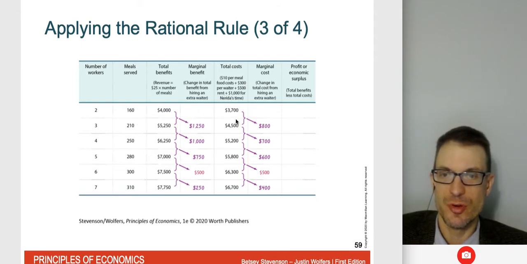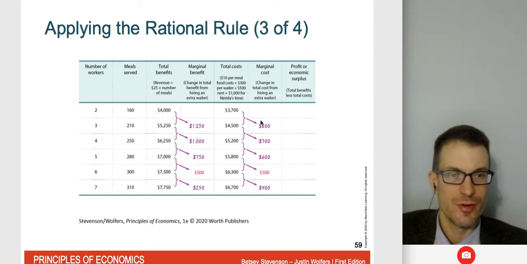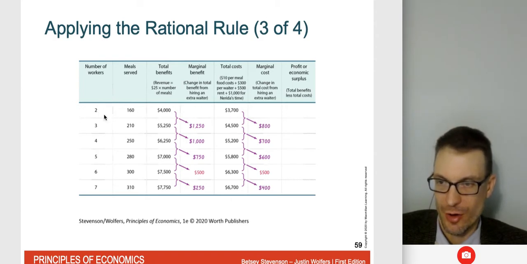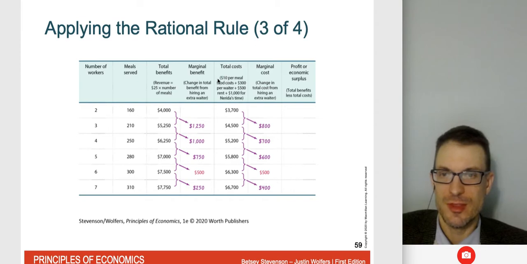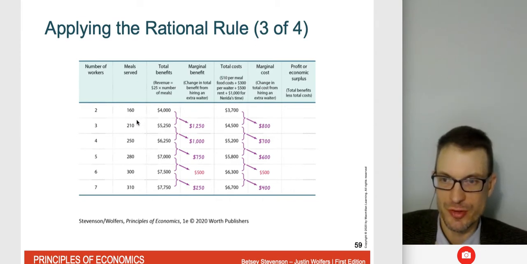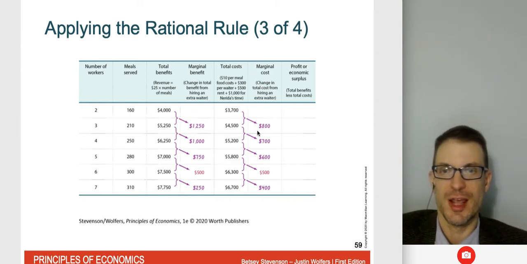So going from my total cost with 2 workers to my total cost with 3 workers, this $800 is an additional $300 per waiter, because I hired one more waiter, and then 10 times the 50 more meals, 10 times 50, 500. That's where that 800 is coming from.